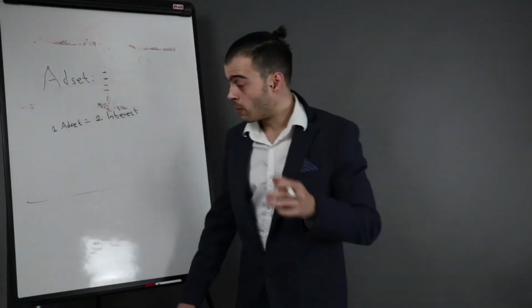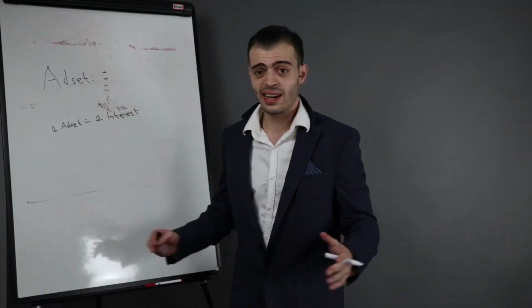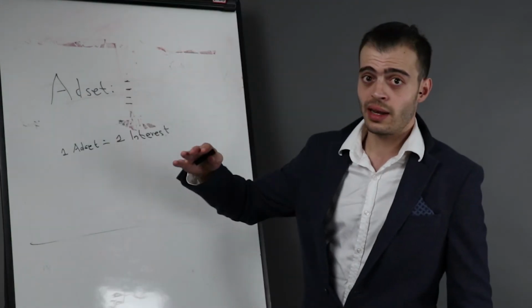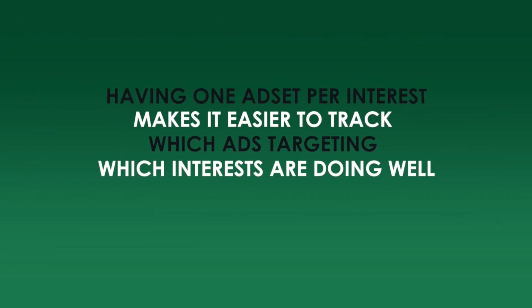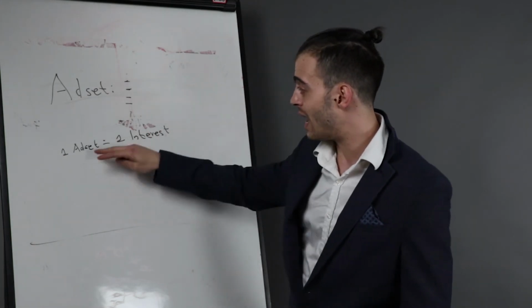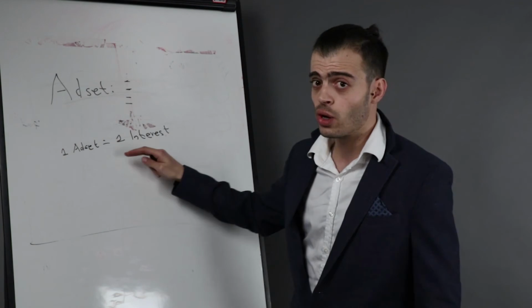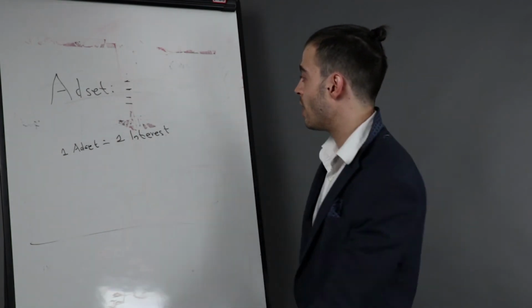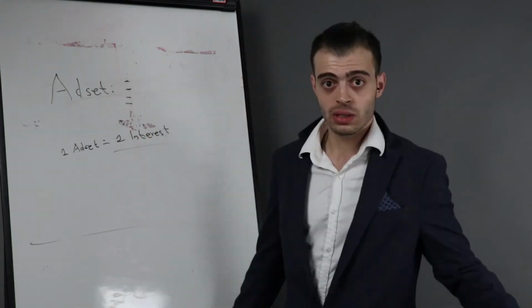Why are we doing that? If we have 2 ad sets with 10 and 10 interests, and ad set number 1 converts and we're getting sales, then we simply won't be able to know where that sale came from. By splitting the ad sets and having each ad set with 1 interest, if ad set number 2 is working, then we know that interest number 2 is working as well.